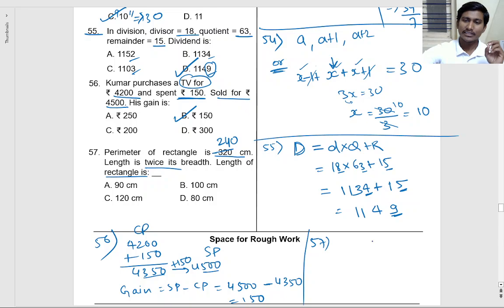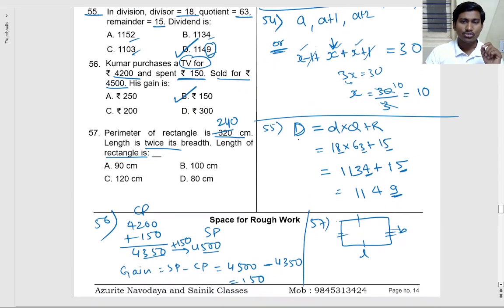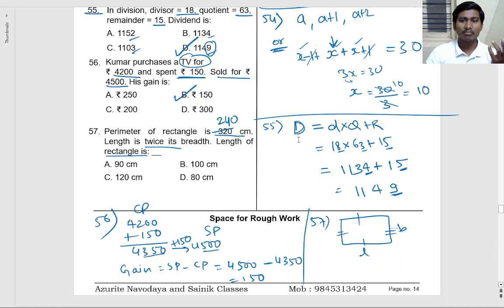So here this is the rectangle. We know how to find the perimeter of a rectangle. Length, and this side will be breadth, right? So opposite sides are the same: this side length will be the same, and this side breadth will be the same. So perimeter means all the sides we have to add. So 2 times length, 2 times breadth will come, right?